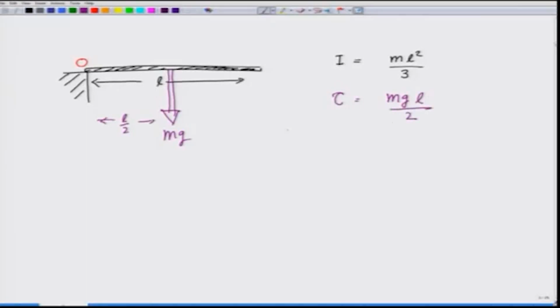Now, what we have learned about rigid body dynamics tells us that I times the angular acceleration alpha is equal to tau, and therefore, alpha in this case is tau over I, which is mgL by 2, and we are dividing this by mL square by 3. m cancels, one L is left, and you get alpha to be equal to 3g over 2L.